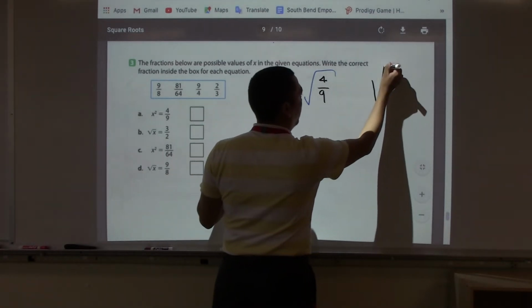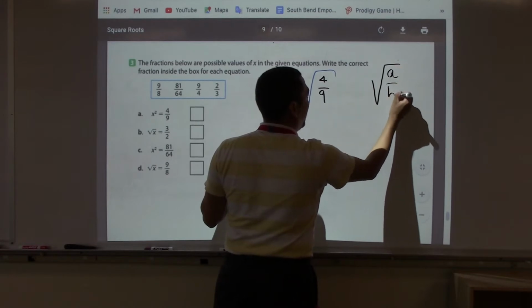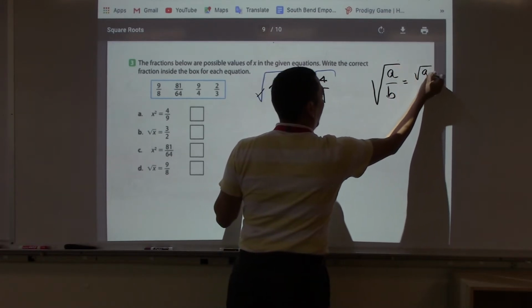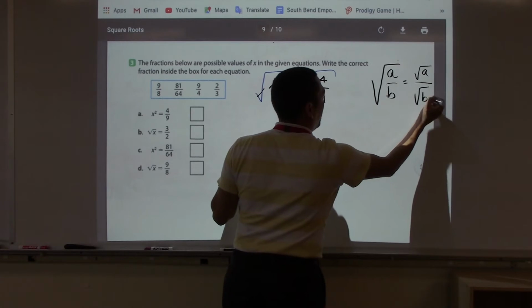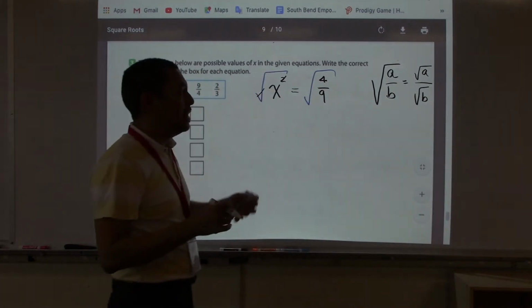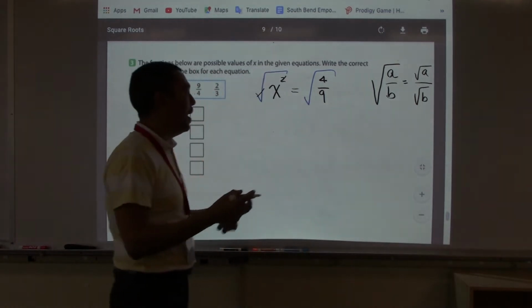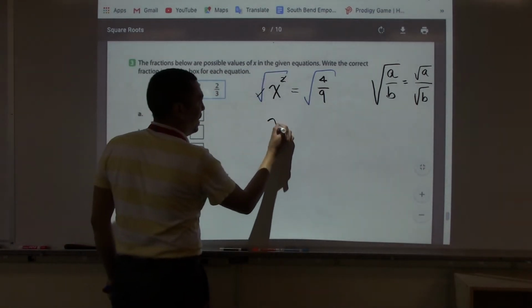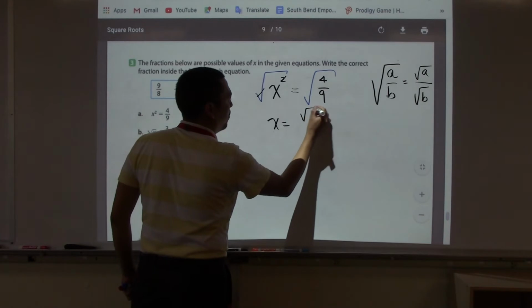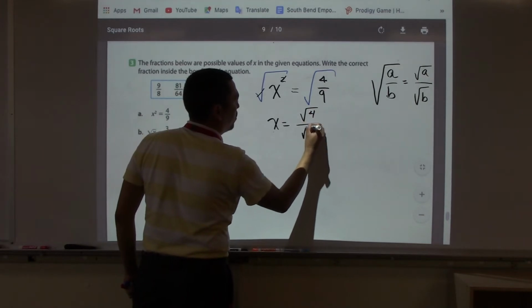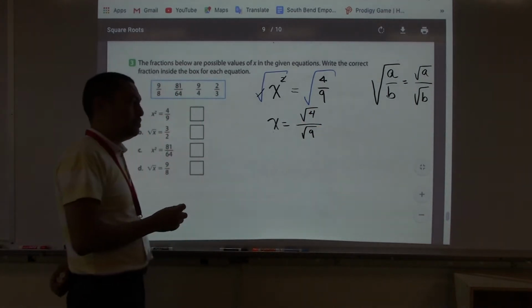If you have the square root of a over b, it is equal to the square root of a over the square root of b. It's a property of radicals, that you can split that fraction into two square roots so you can simplify. For example, you have x is equal to square root of 4 over the square root of 9.